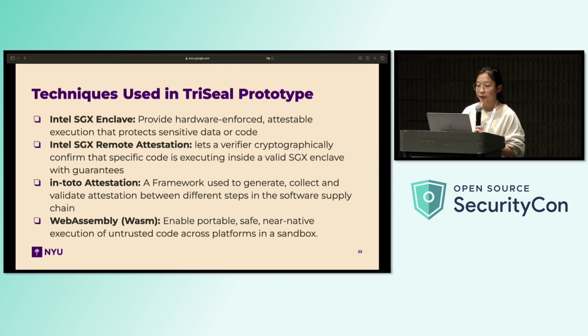The prototype is based on several current techniques. The first one is the Intel SGX enclave, which provides a hardware protected execution environment. And the second one is the SGX remote attestation, which lets a verifier confirm the code is executing inside a valid enclave with guarantees.